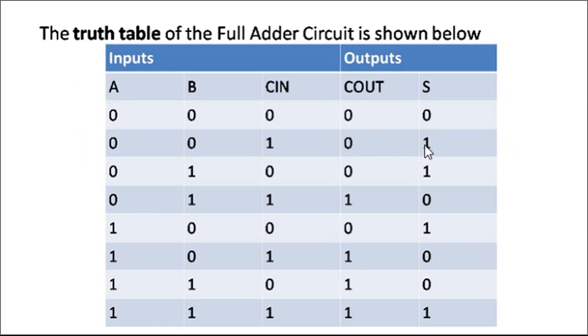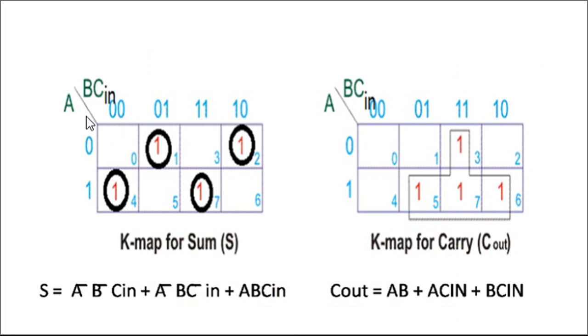See here, how many ones are there? 1, 2, 3, 4. Corresponding values of AB are both 0 and Cin 1. Now this is the K map for 3 variables A, B, Cin. So 0, 0, 0, 1, 1, 1, 1, 0. Here you might think 0, 0, 0, 1, but not 1, 0; they mark 1, 1, then 1, 0, because in the K map they follow the Gray code.